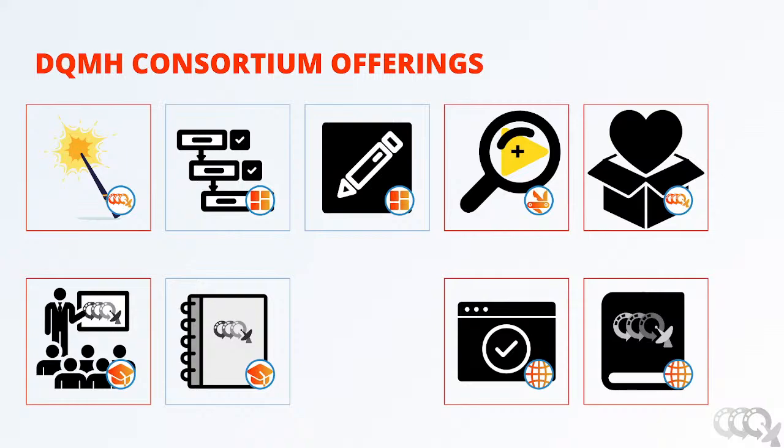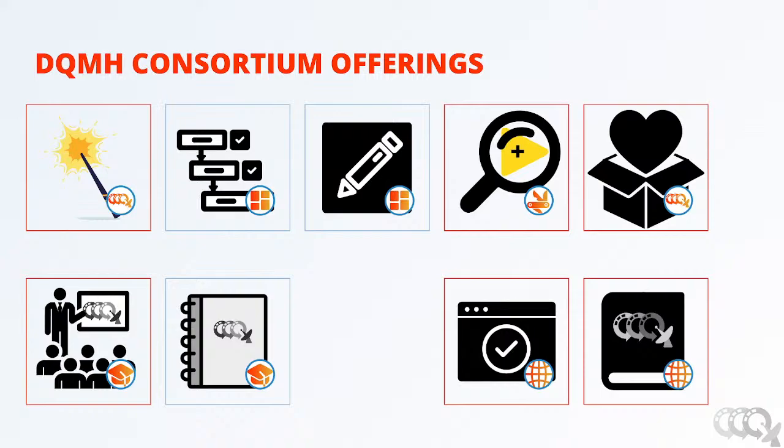Then in the second row, we have DQMH training. Probably you're aware that trusted advisors can also give those DQMH training sessions to customers. We, as the consortium, share our training material with the trusted advisors. And then we also have open source projects ongoing, one of them being the CLI for the module validator, to run module validation in your pipelines.